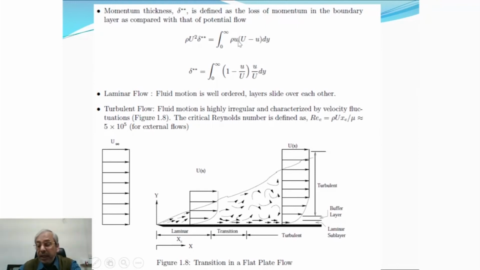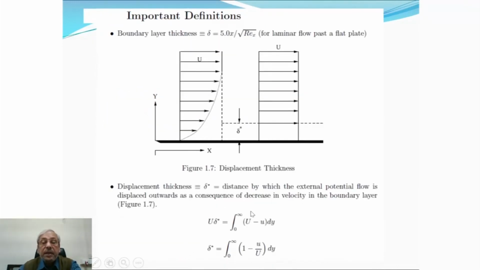So when calculating displacement thickness, we calculated the volume or mass by which the potential flow is as if displaced, as a consequence of the decrease in velocity in the boundary layer.